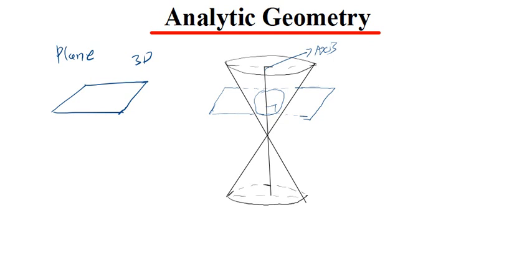So as you change the angle at which the plane intersects the axis, you're going to have an ellipse, a parabola, or a hyperbola. But if the angle from the intersection between the plane and the axis is 90 degrees, then what you have is a circle. Does that make sense?